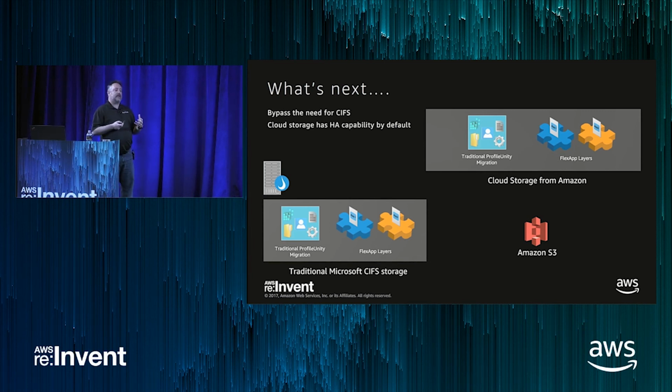And that's where we're starting to get excited, because it's S3 and there's HA capability and replication capability built in, we're just going to feed into that and not deviate from it. So again, the ability to replicate portable FlexApp layers and Profile Unity profiles across regions, we heard loud and clear, and we have that. That'll be available in the December timeframe.